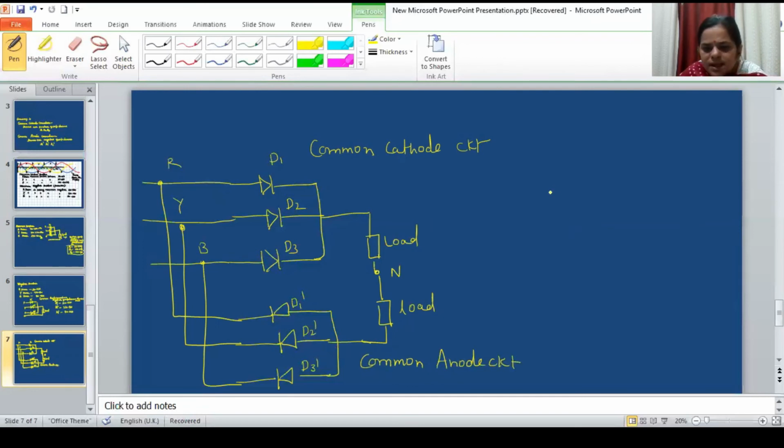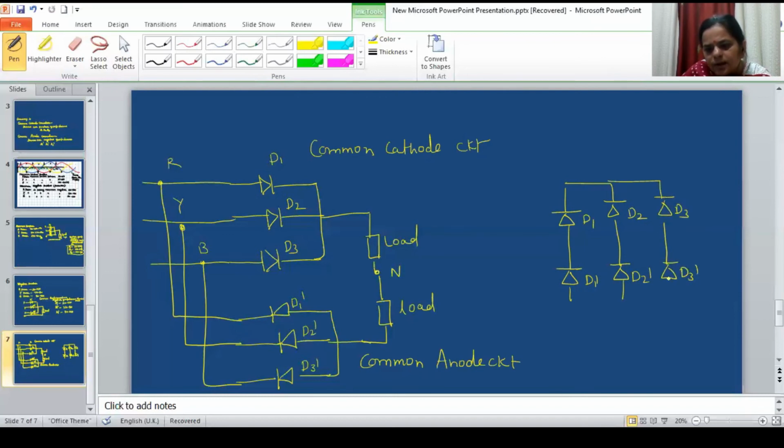If you redraw this circuit, we can redraw it like this. This is D1 and here is D1 dash. This is D2 and here is D2 dash. This is D3 and here is D3 dash. Between D1 and D1 dash there is R phase.